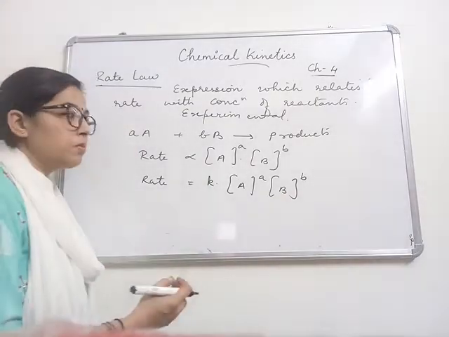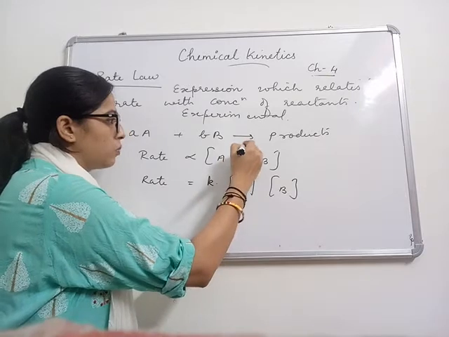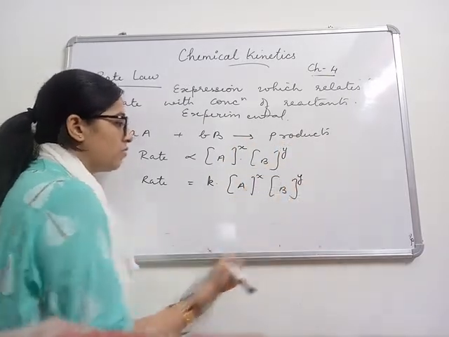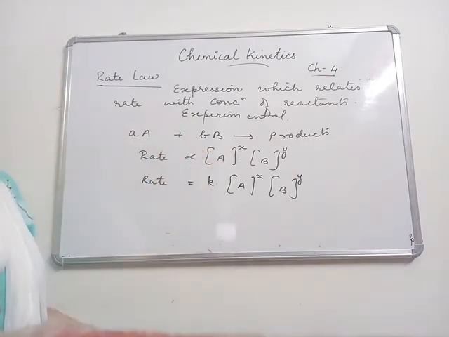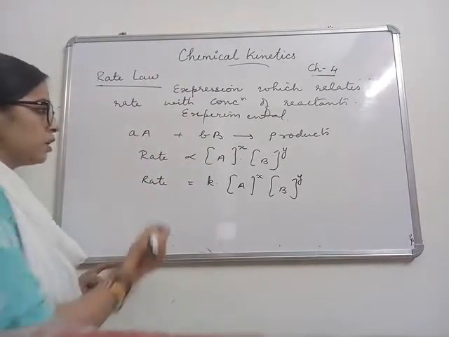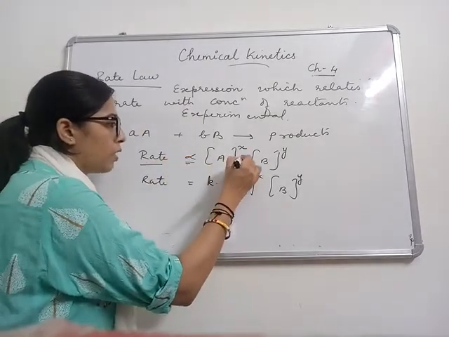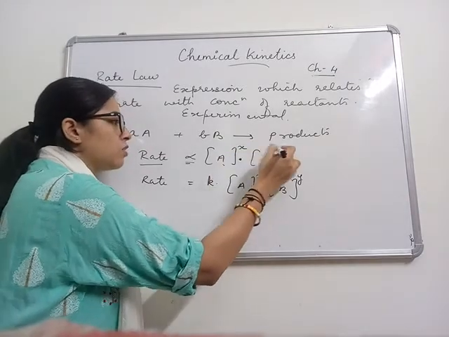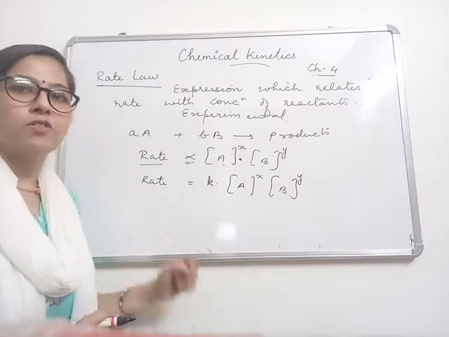Now, in place of the number of moles of A and B from the equation, it is experimentally determined that it is raised to some power x and y, which may or may not be equal to a or b. That depends on the mechanism. So this is a general expression that rate is directly proportional to the product of the concentrations of the reactants, where each term is raised to some power which may or may not be equal to its stoichiometric coefficient.